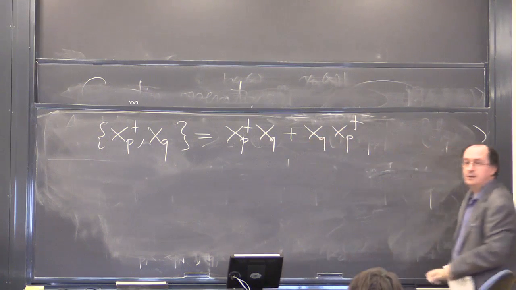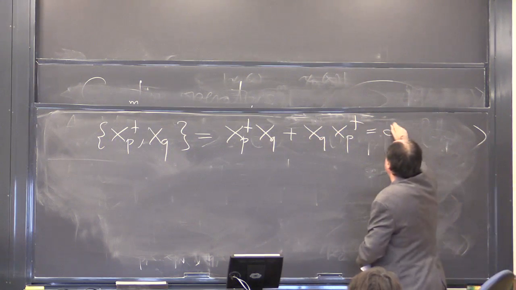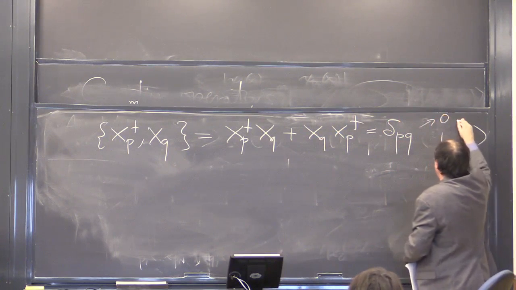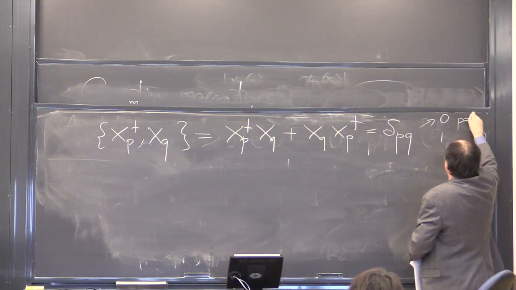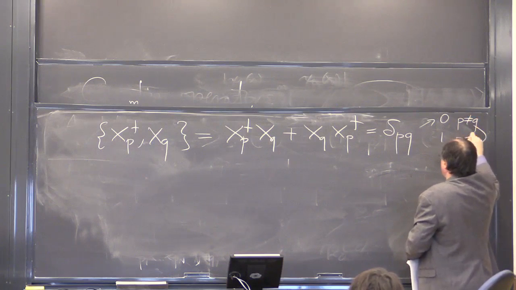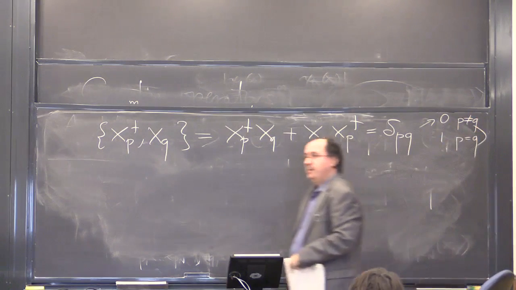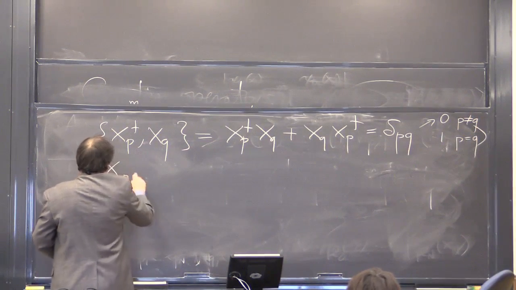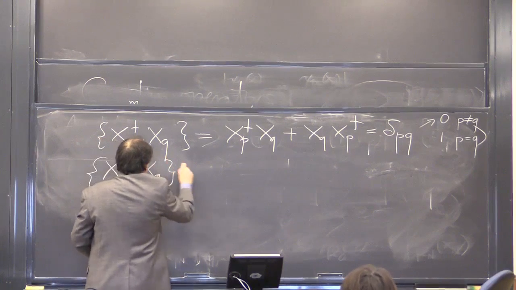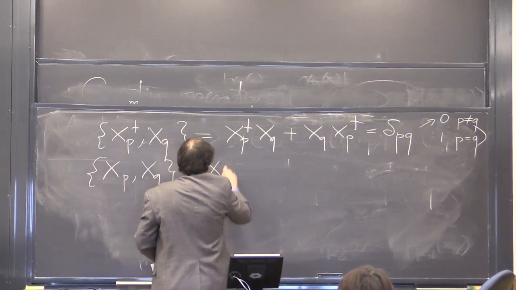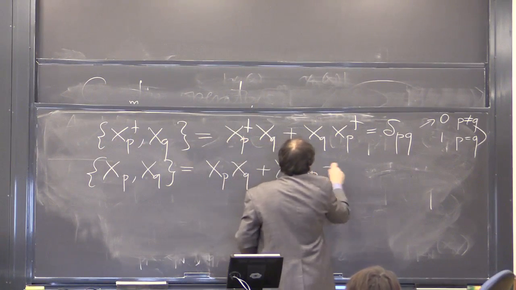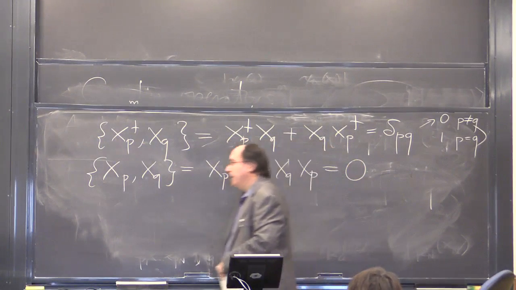That produces Kronecker delta PQ. Kronecker delta, as you know, is 0 when P is different than Q, and 1 when P is Q. Then the anti-commutator of the pair of two annihilation operators, X_P X_Q plus X_Q X_P, is going to be 0.